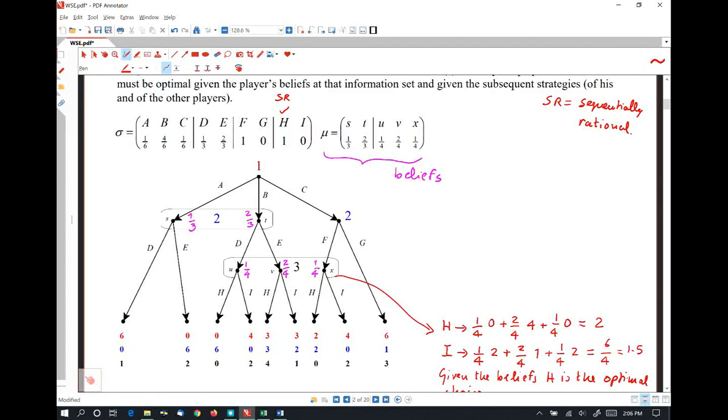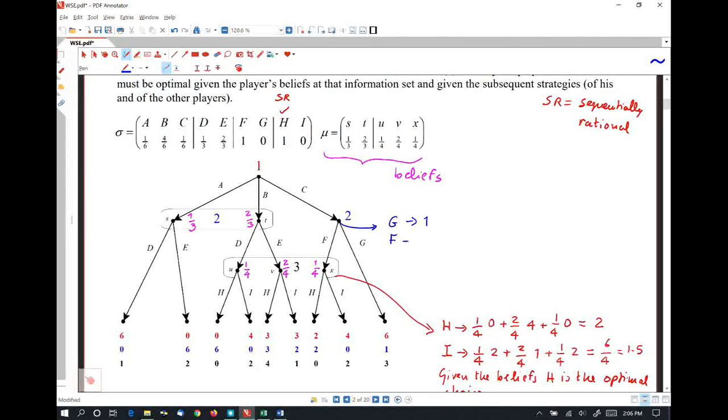Okay, so now let's look at player 2. Here, player 2, at the node on the right, we have that if player 2 plays G, then for sure he's going to get a payoff of 1.